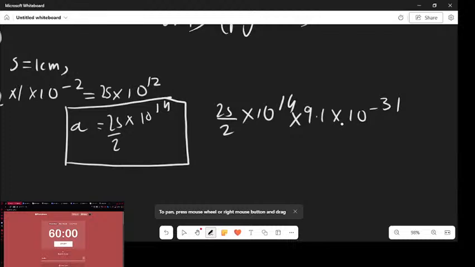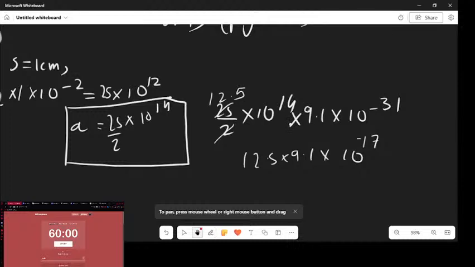This will be 12.5 into 9.1 into 10 to the power minus 17.